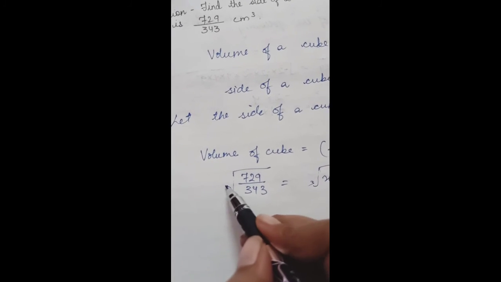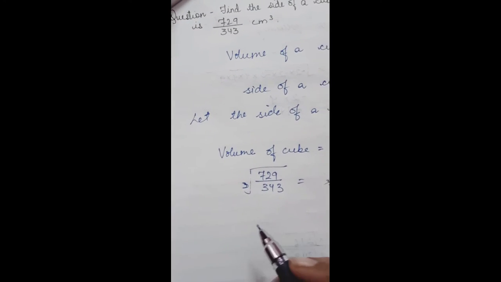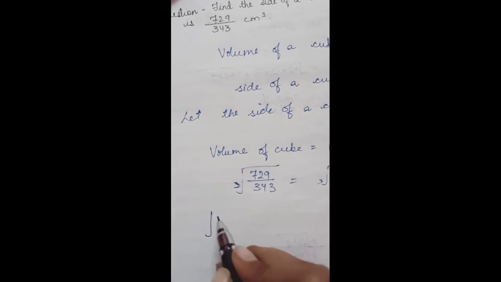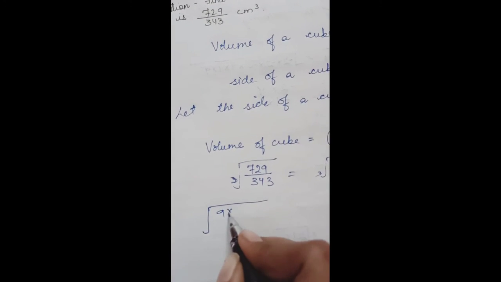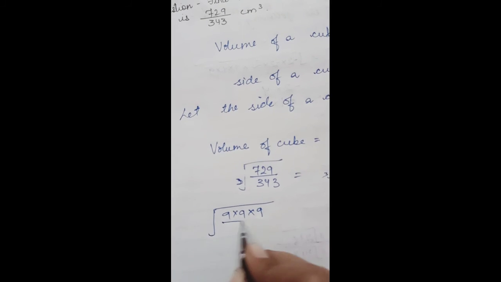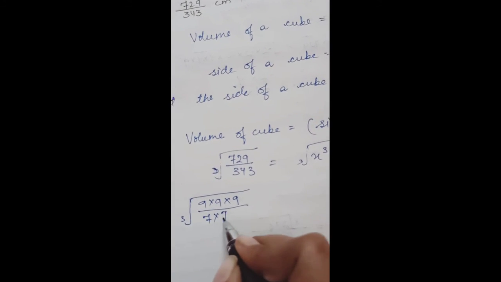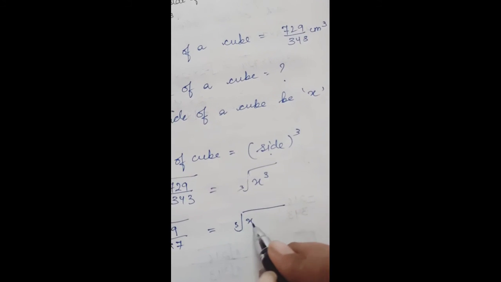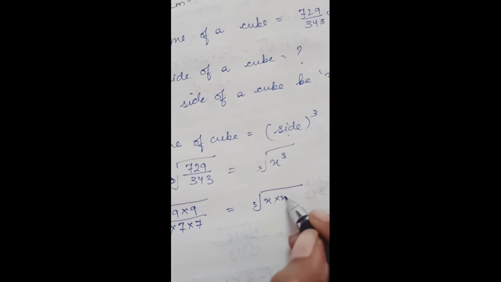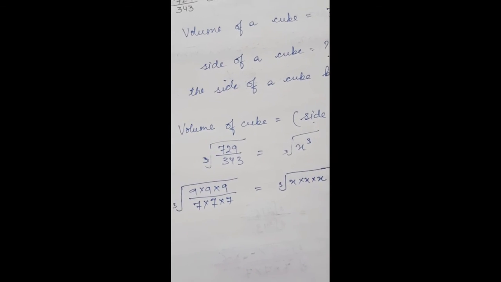So here 729, we find the prime factors of 729, 9 multiplied by 9 multiplied by 9, and similarly 343 means 7 multiplied by 7 multiplied by 7, and x to the power 3 means x is multiplied 3 times, so x multiplied by x multiplied by x.